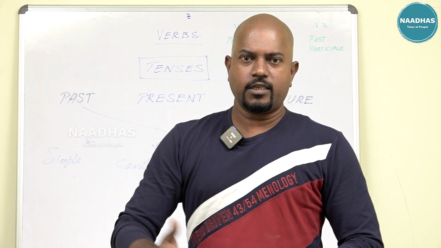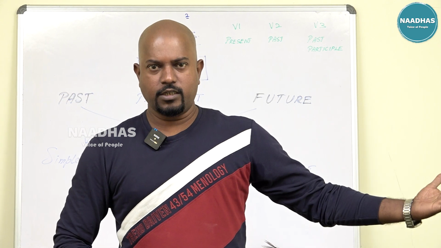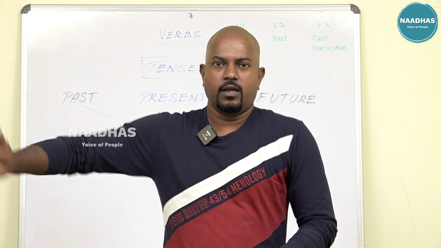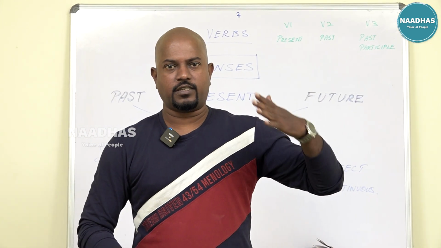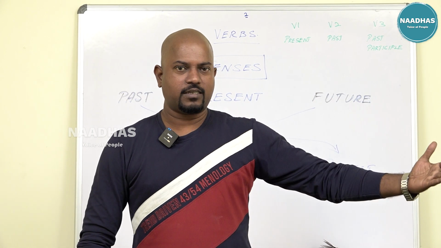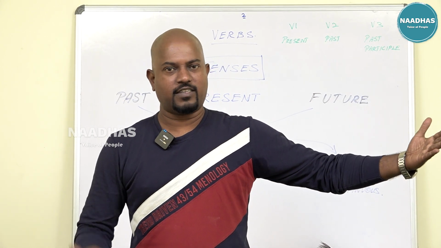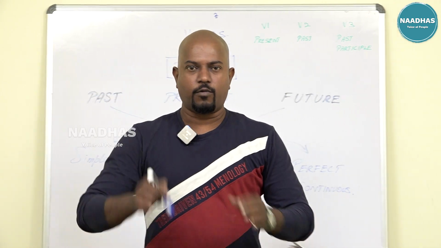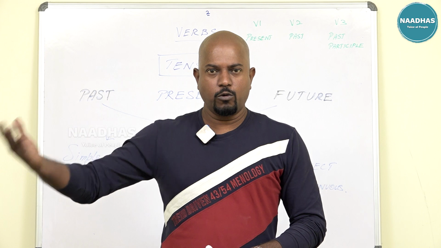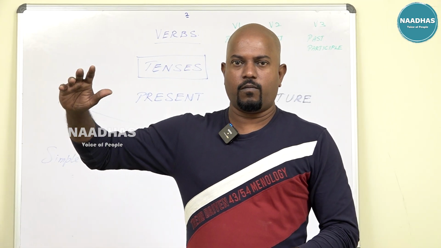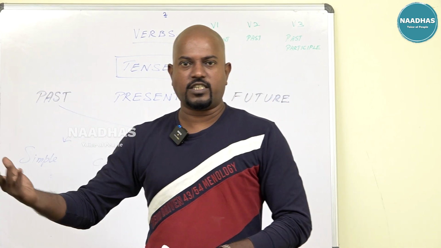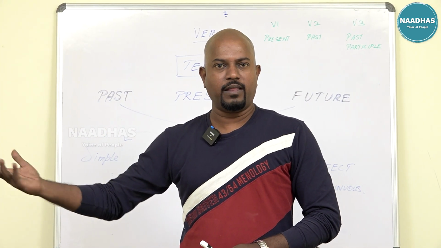So there are three tenses: the past, present, it's right now, and the future. So you don't have to think past tense is something that happened very long back. No, even the last second or last minute is past, all right? And right now, exactly right now is the present, and future, it's not after 1 year or after 10 years, it's even the next second or the next minute will be the future, all right?